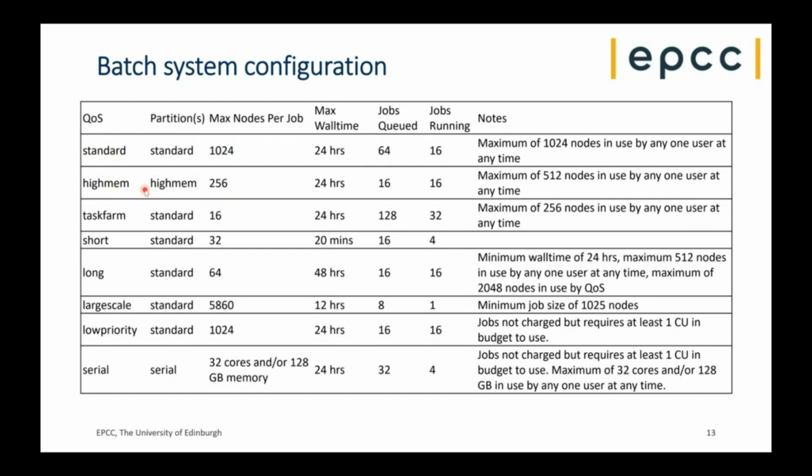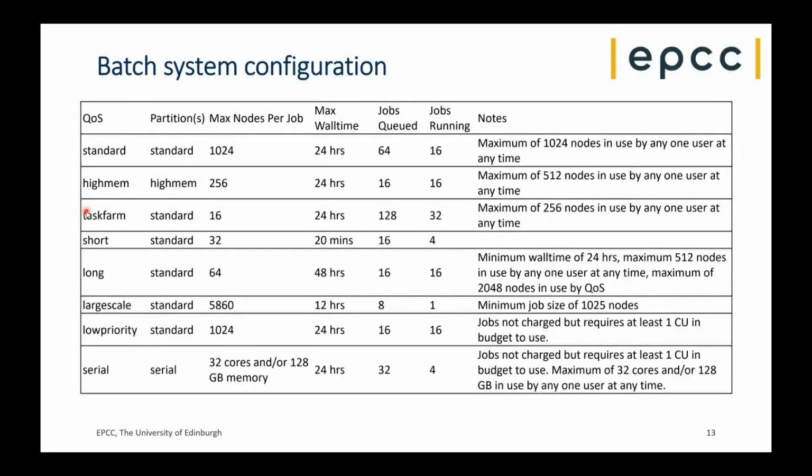If you have a specific requirement for these 512 gigabyte nodes, then you can specify that as a QoS in a partition, and you can submit your jobs to that. Because there are only 300 of those nodes, you can't ask for 1,024 nodes at once. But other than that, it's pretty similar to a standard queue.